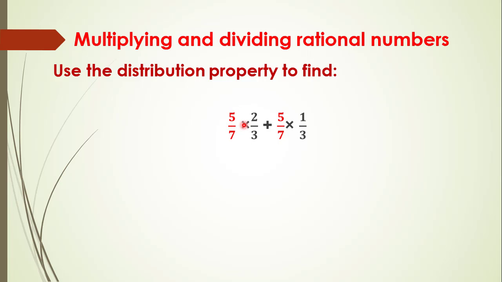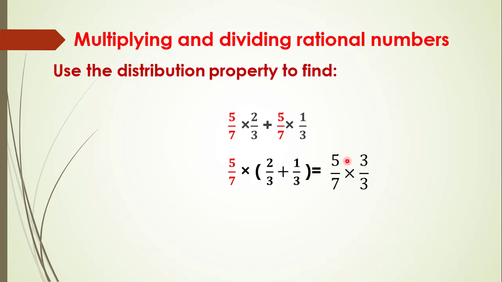So I'll take 5 over 7 as a common factor outside, then I'll multiply it by 2 over 3 plus 1 over 3. If you divide the first term by 5 over 7, the result will be 2 over 3. And if you divide the second term by 5 over 7, it will be 1 over 3. Now I can add 2 over 3 plus 1 over 3 is 3 over 3, which is 1.